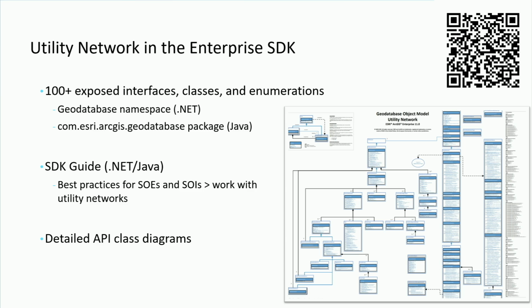There's a lot of them, over 100 overall, out of all our software. There's also an SDK guide in our documentation that you can look through to see how to work with utility networks as well. I will walk through this diagram in small parts, since it's kind of big.